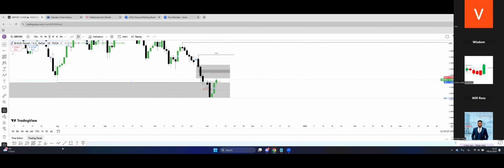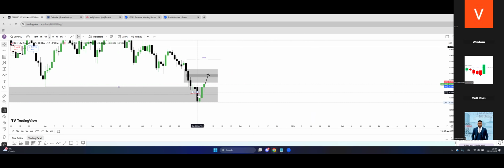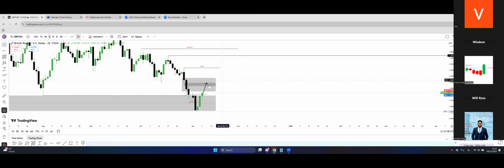So we know that price can go all the way to this area, but we don't know if it's going to go all the way here first, or up to this one. We don't know that. But for sure, we know that price can come into this inefficiency, because from here we have seen a potential buy opportunity to that area. But from here is what we also know if price wants to keep going higher.